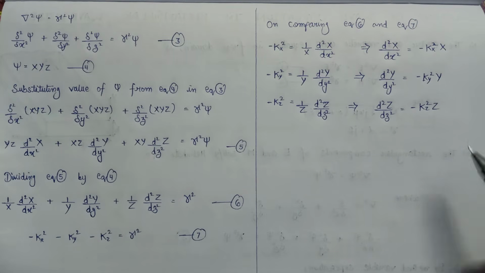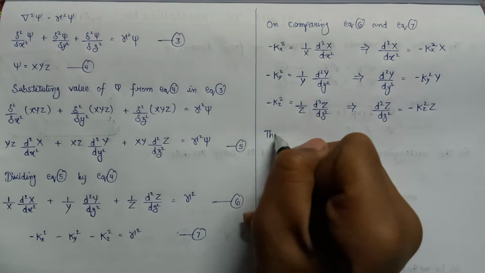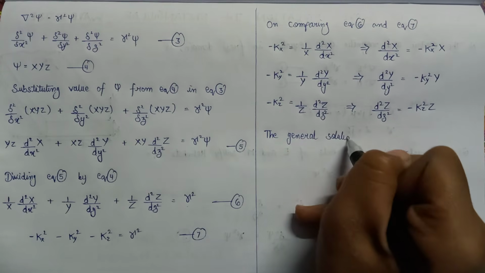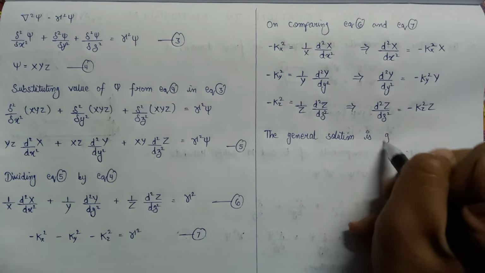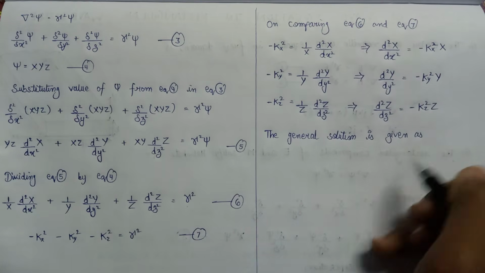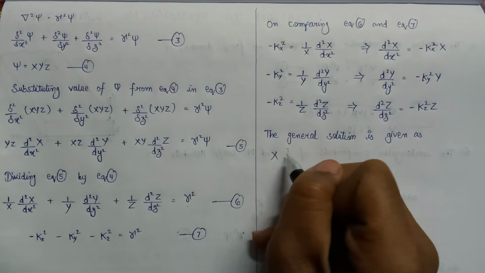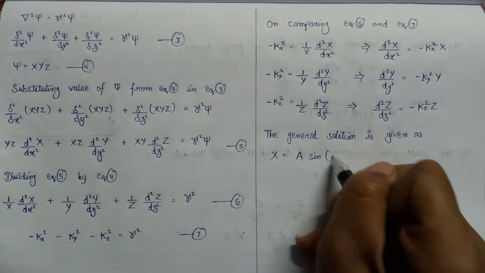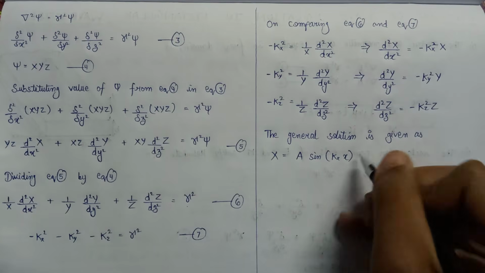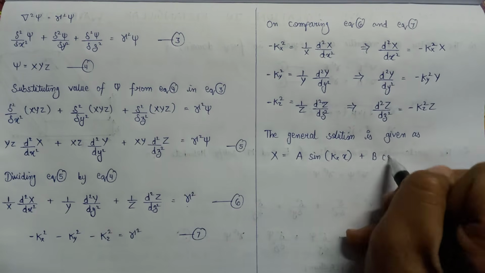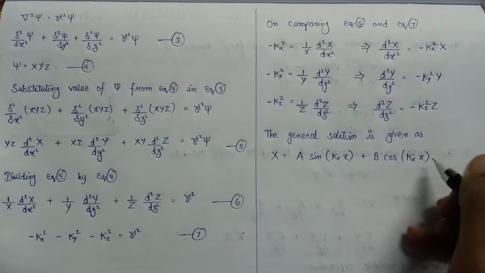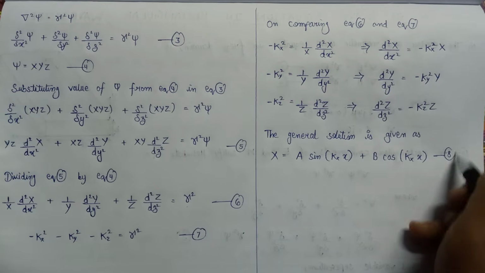Now the general solution for each differential equation is given as follows. For the value of capital X, we get the general solution as a sin kx x plus b cos kx x. This is our equation number 8.